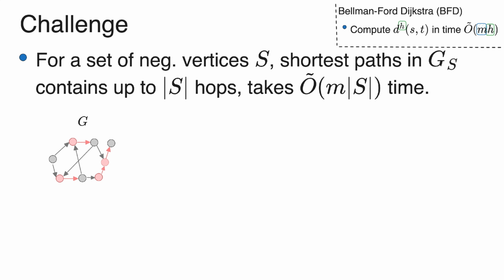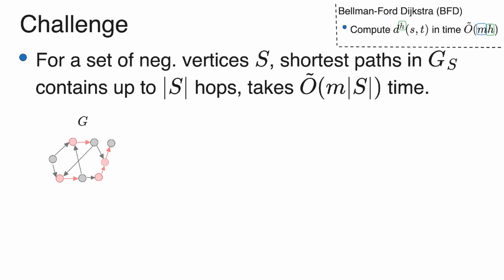So the key challenge of this problem is that, let's consider a set of negative vertices S and its induced subgraph G_S. If S contains a lot of negative vertices, then in this subgraph G_S, the shortest path can in principle contain a lot of negative edges, right?